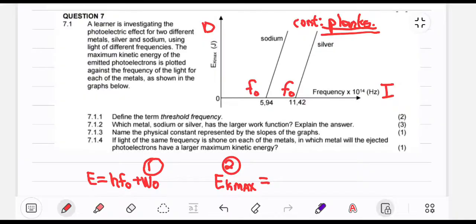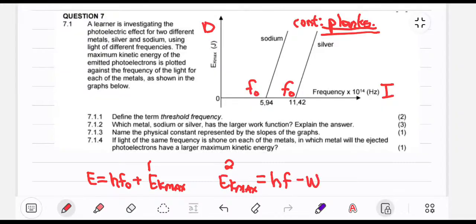Remember, for other groups, what did I write there? Plus Ek max. And then for the other group, we had said that it was Ek max equals hf minus W0.